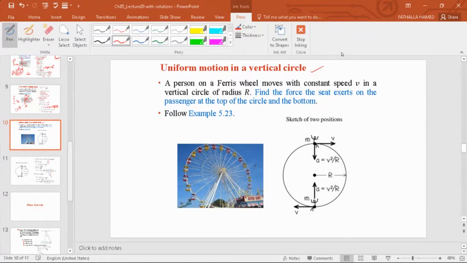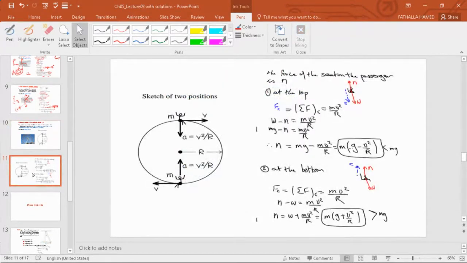To make sure you're not going to fall down at the top, you feel the seat pushing on you. If the seat is not pushing on you, you're going to fall down. And they tell you here to do it at two locations, the bottom and the top. So let's look at these two situations.